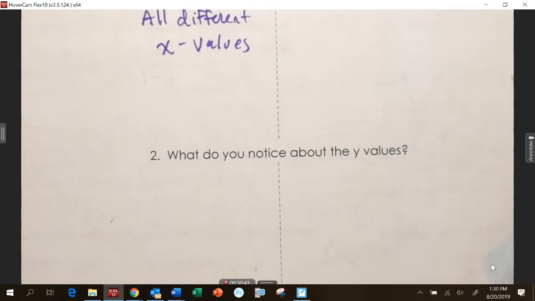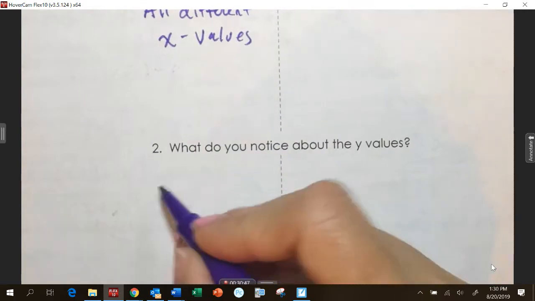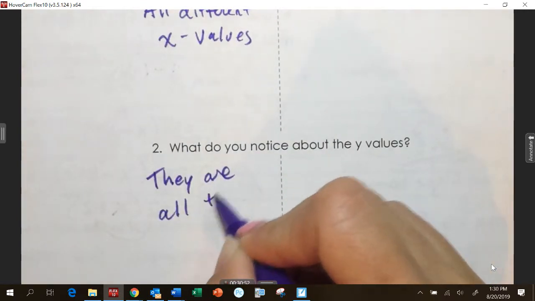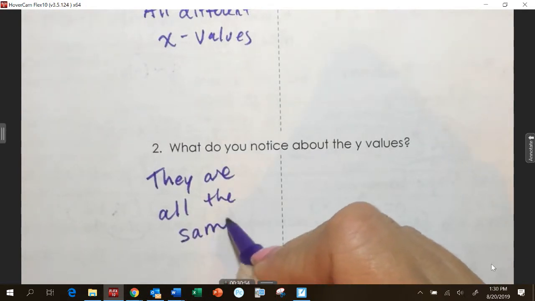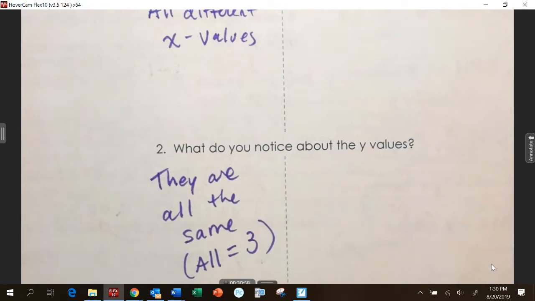And number 2, what do you notice about the y values? They're all the same. What are they? They all equal 3.